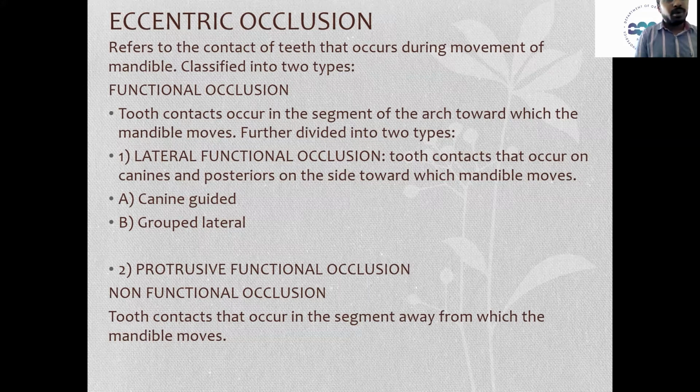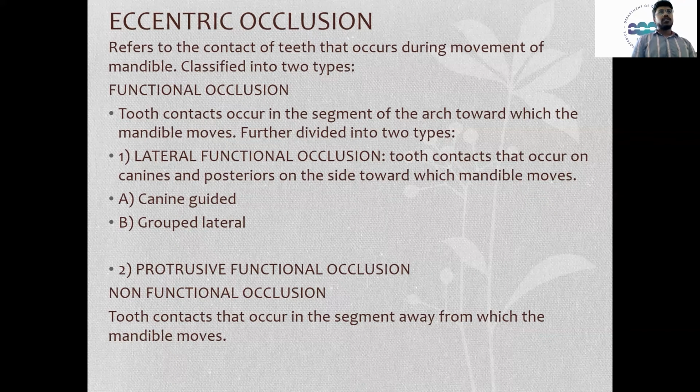When there is protrusive functional occlusion, from the normal upper and lower incisor position, the mandible moves forward and the lower incisor glides along the lingual surface of the upper incisor until an edge-to-edge incisor relationship. During that relationship, there will be contact of the upper and lower incisors, and all the posterior teeth will be disoccluded, with no contacts.